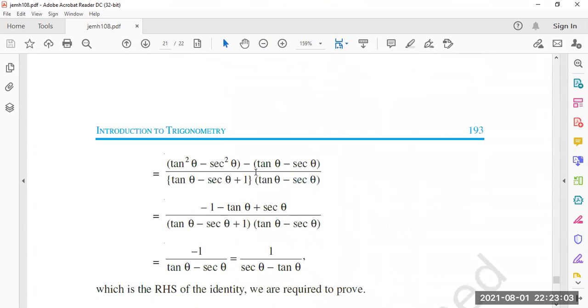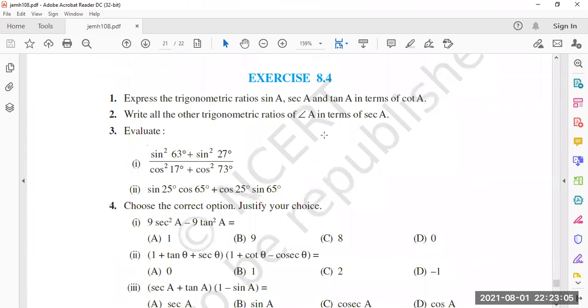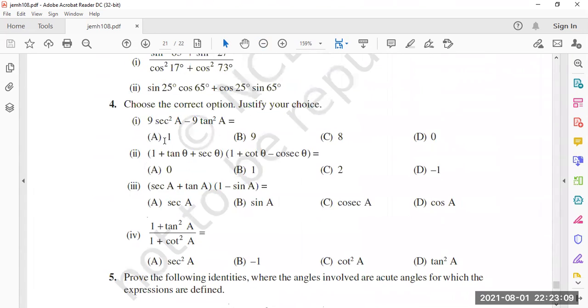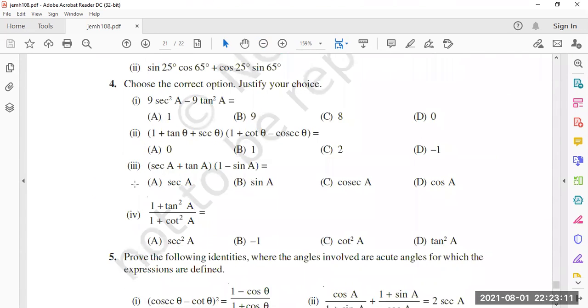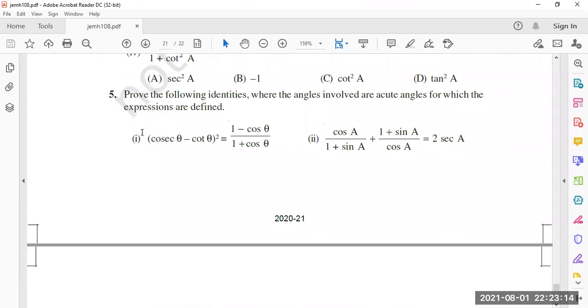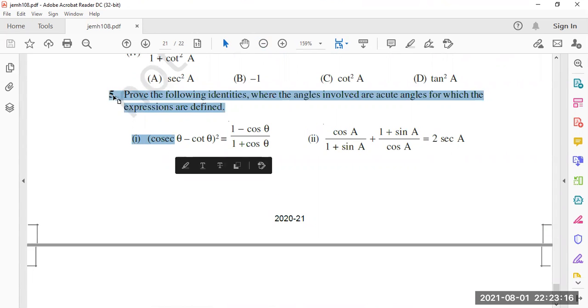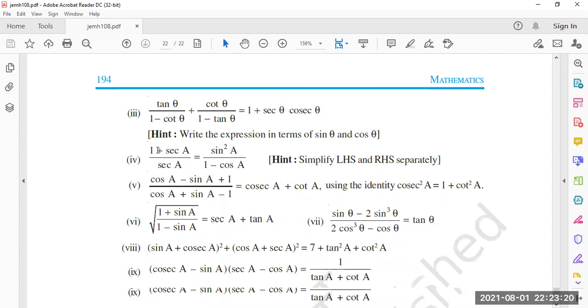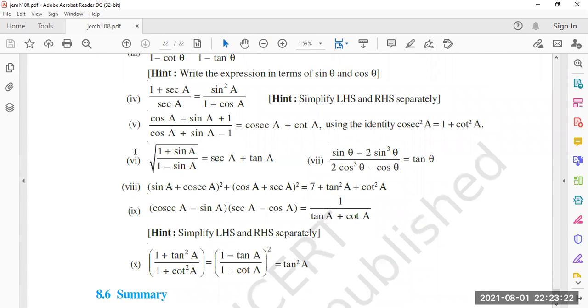Immediately you are coming to exercise 8.4, in which you have 4 questions that are simple, but from question number 5 onwards, question number 5 contains 10 questions. All these 10 questions are important.